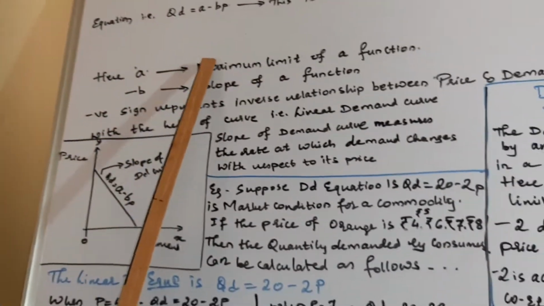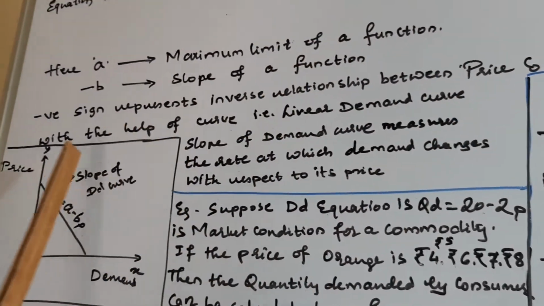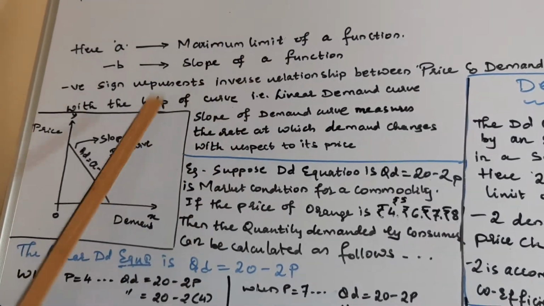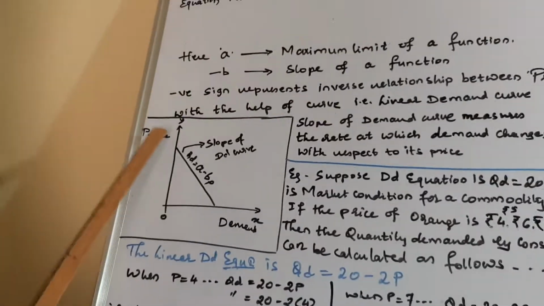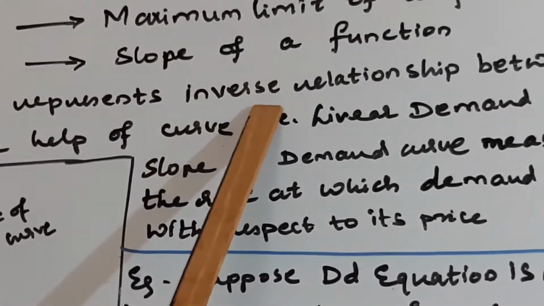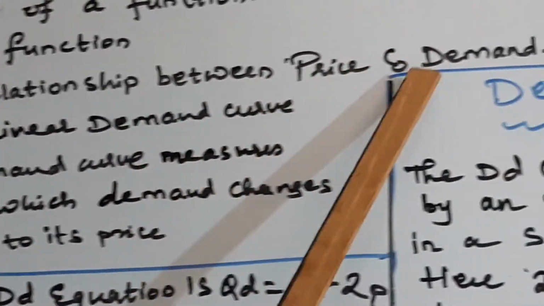Here a is the maximum limit of the function. Minus b is called the slope of the function, and the negative sign indicates the inverse. Inverse means the opposite relationship between price and the demand.